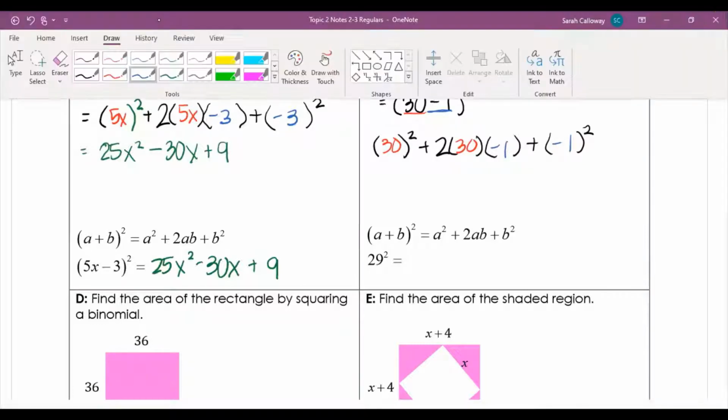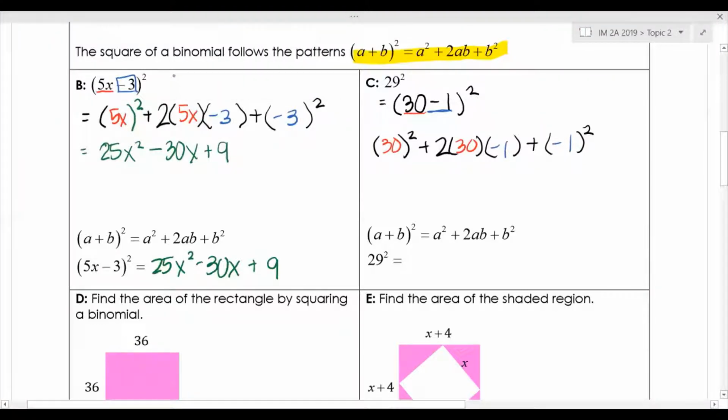And so we'll see that this is pretty easy to do in our heads versus maybe multiplying out 29 by hand. So 30 squared is 30 times 30, so 900. And then 2 times 30 is 60, times -1 is -60. And then -1 squared is 1.